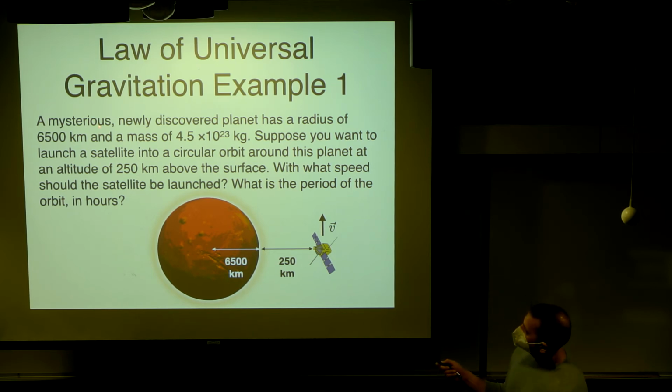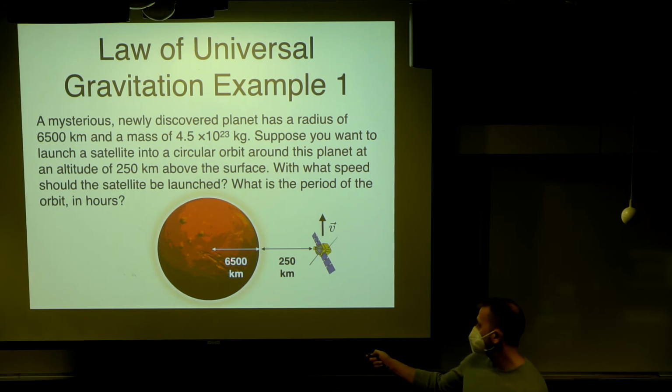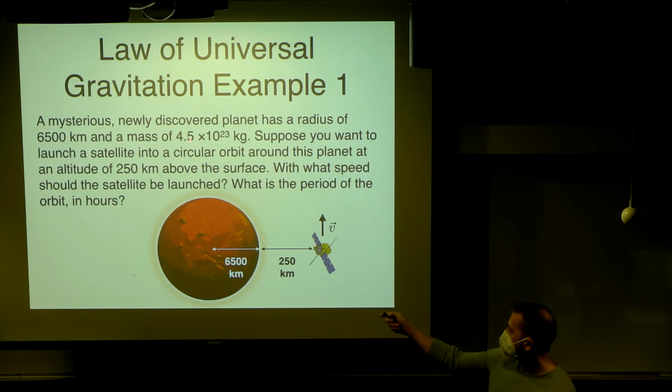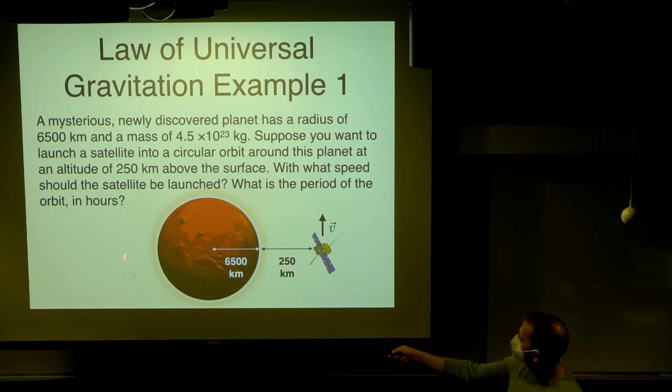We have a mysterious, newly discovered planet that has a radius of 6,500 kilometers, like this. The mass of that planet is 4.5 times 10 to the 23rd power kilograms. So that's the mass. We'll call that big N for the planet. So what we want to do is launch a satellite so that it's in orbit around this planet.